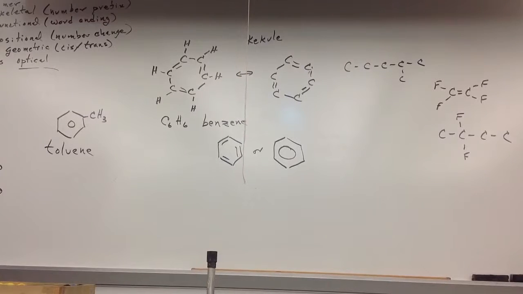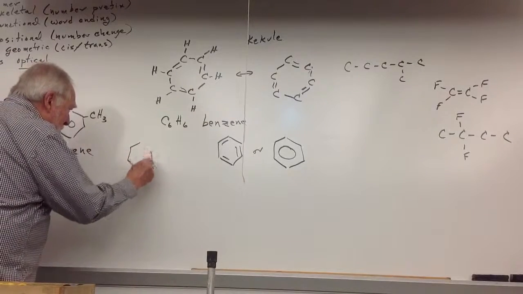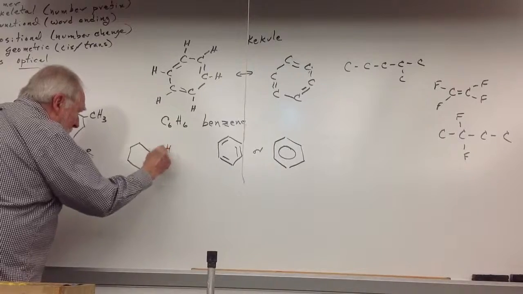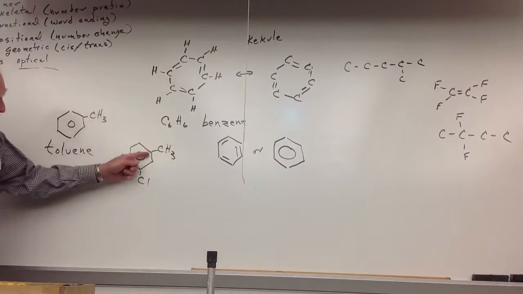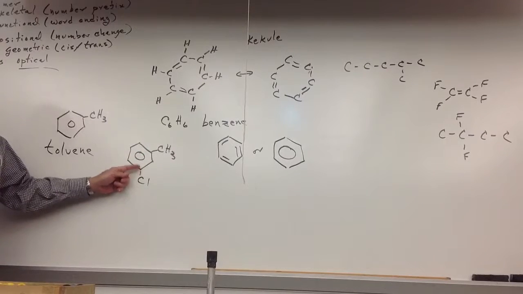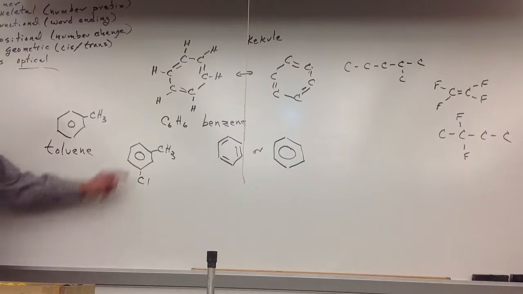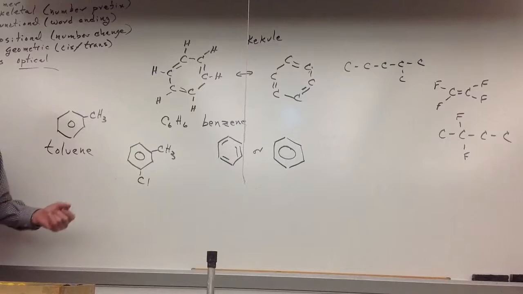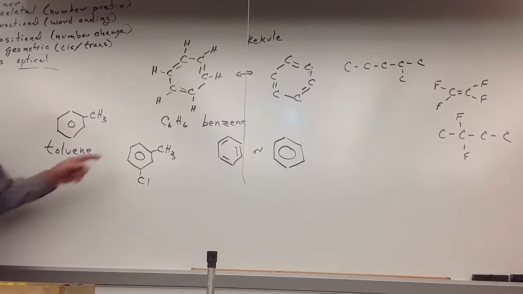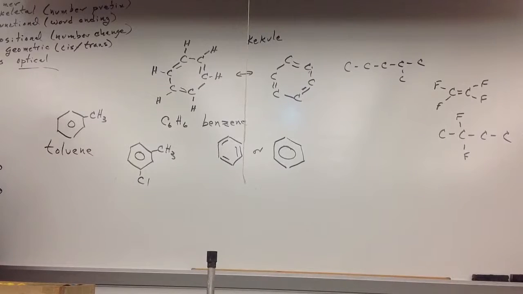Right, because if I start putting something on here, now it's 3-chlorotoluene. Okay? You count around the circle. If I go the other way, 1, 2, 3, 4, 5 chloro, I went the wrong way. 3 chloro is low. So you always call that basic structure toluene, and then you find the substituents.